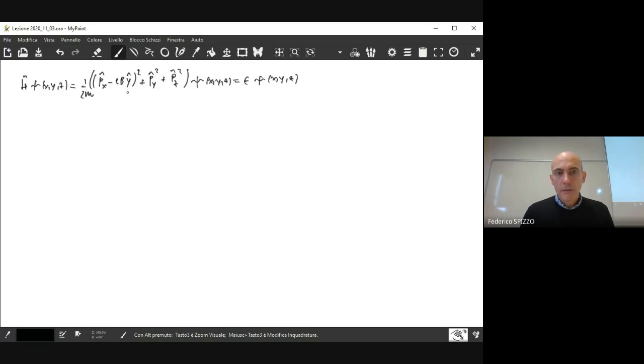Due to the presence of this Y operator, the Hamiltonian may commute with Px and Pz, but not with Py, due to the fact that you have the Y coordinate here.